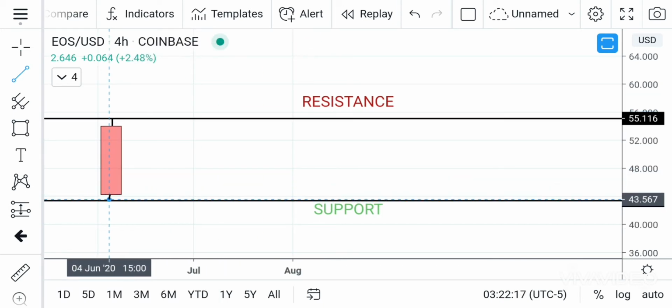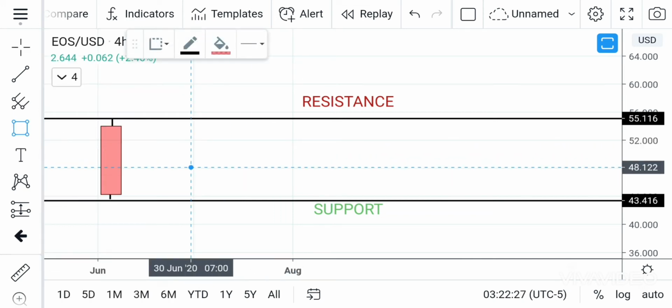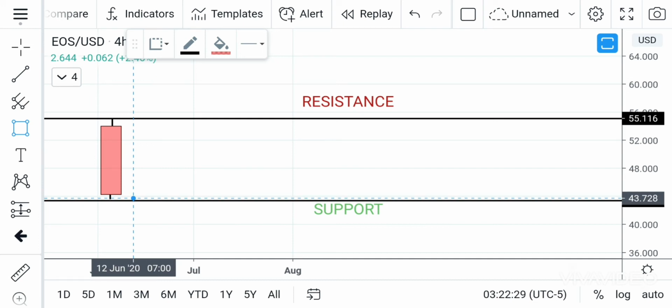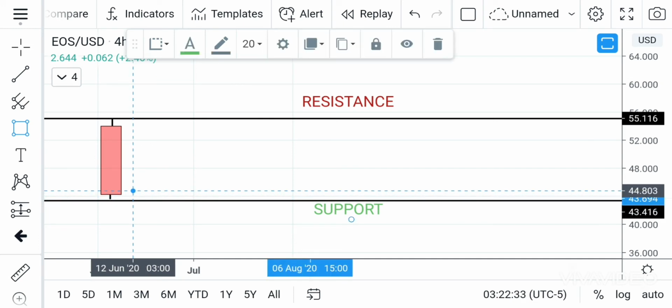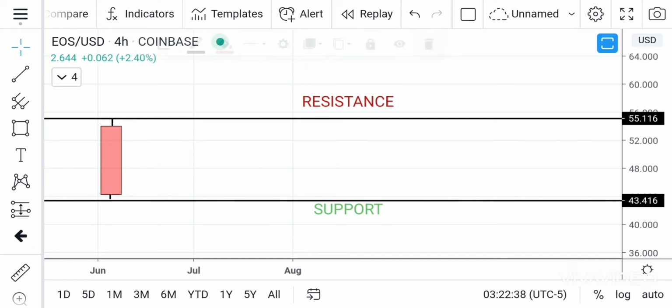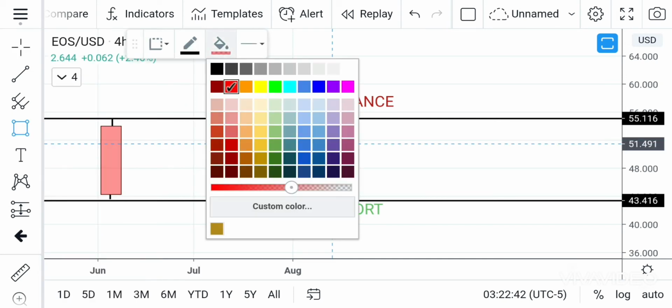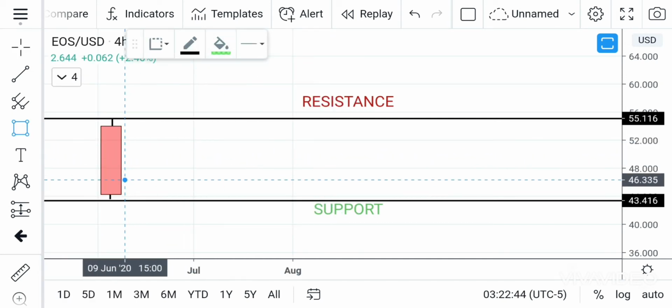For a bullish candle, the price moves from support, that is from a low price level, to a high price level. Let's say the price came like this and opened at this point. I'm going to use green for my bullish candle.